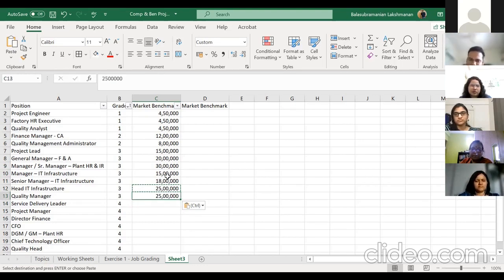IT QA managers charge at least 25 to 30. IC roles we are hiring at 12, 13. You want to convert quality manager into QA manager or testing manager, something like that. If it is in testing and IT, 25 should be fine. But let me look at the JT ones. Yeah, it is IT, right?